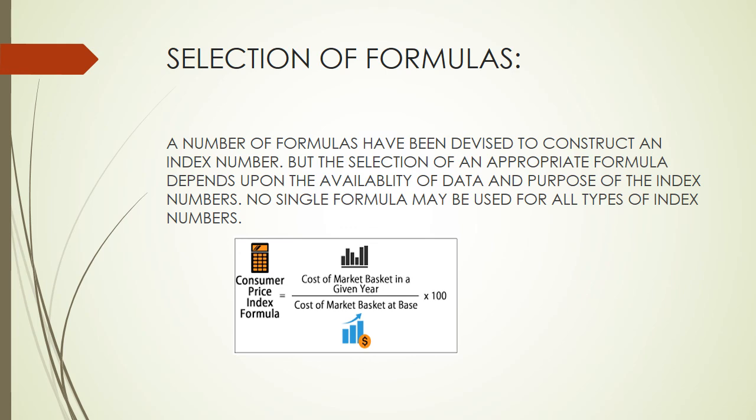So when we have a larger amount of data, we can go with the geometric mean, that is GM, or when we have very little data, we can go with AM. So like this we have to choose the formulas depending upon the data we have. So we have to choose an appropriate formula.